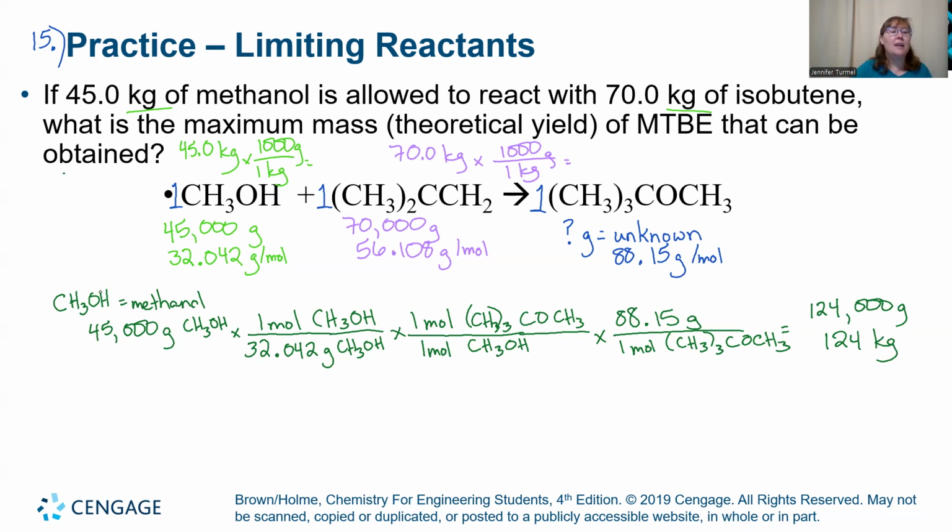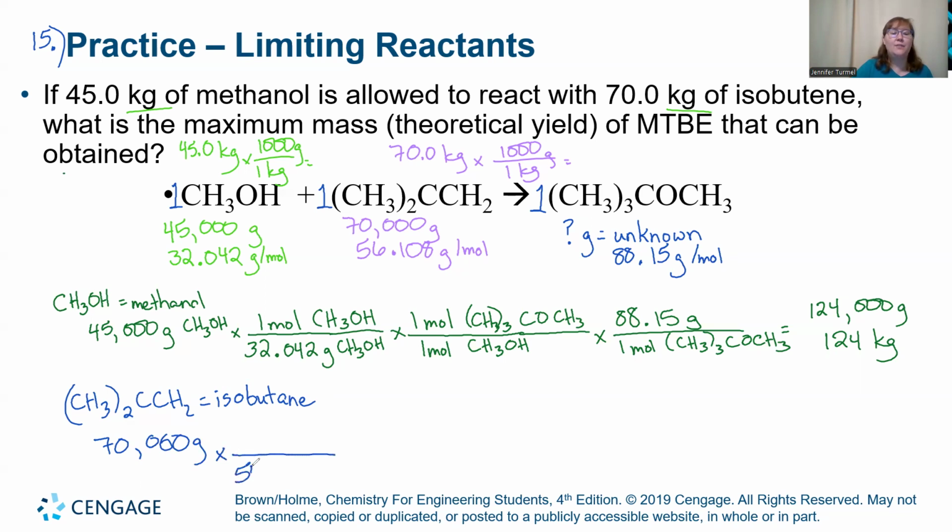Okay, now let's take a look at our isobutane. So this is for our CH3 2CCH2 or isobutane. And we begin with the given for that, which is 70,000 grams.